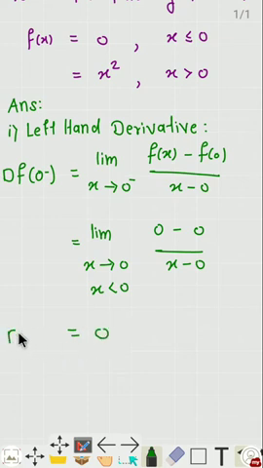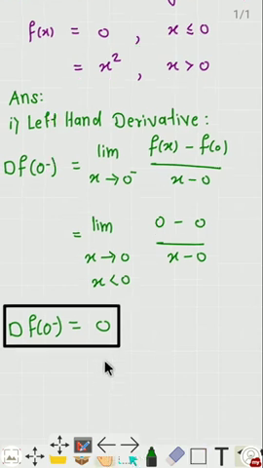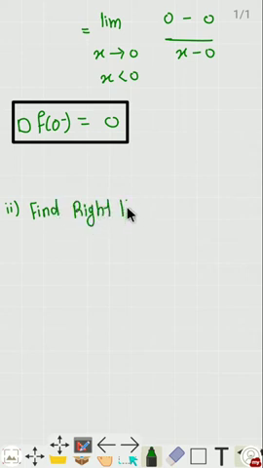So derivative of f at 0 minus is 0. This is the left hand derivative of function f. Now we find the right hand derivative.